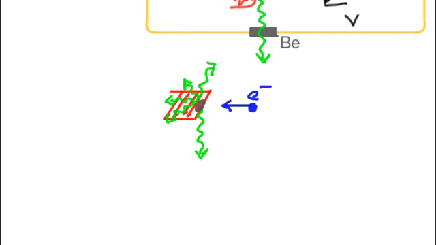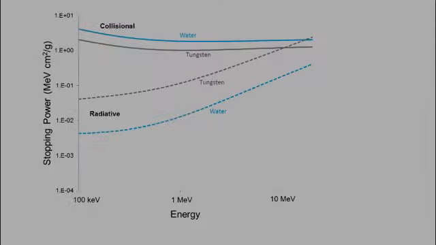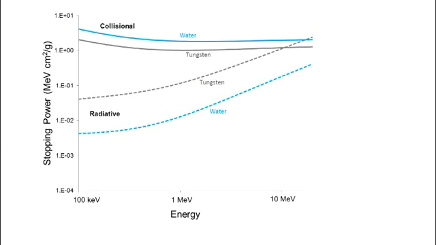Final thing, the choice of material for the anode is important. A key design goal here is to achieve the highest efficiency of X-ray production that we can. If you think back to video 7.1, you remember that radiative losses are more efficient in higher Z material versus lower Z material. So that means a high Z material should be used for the anode.